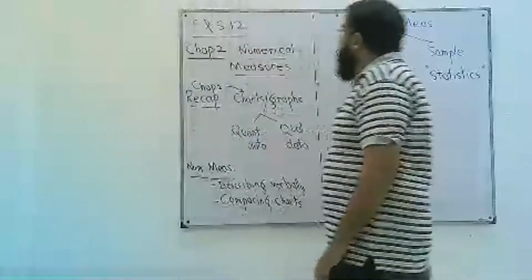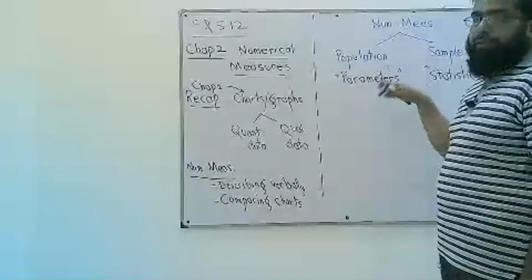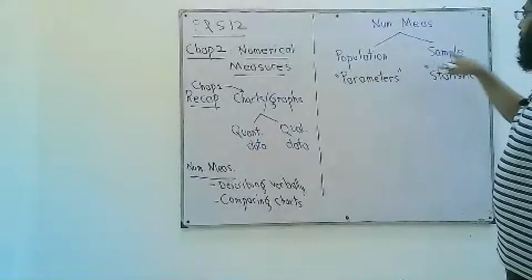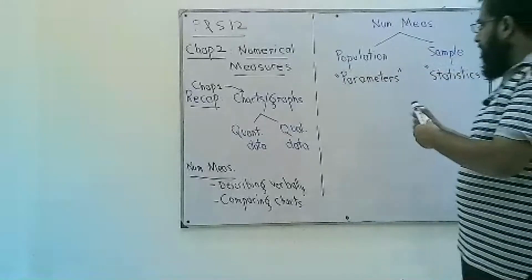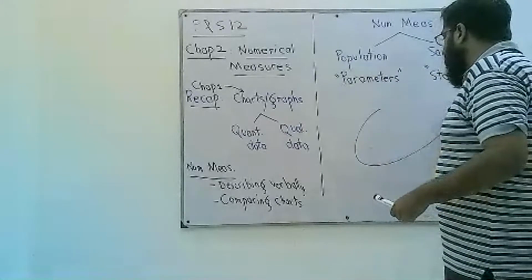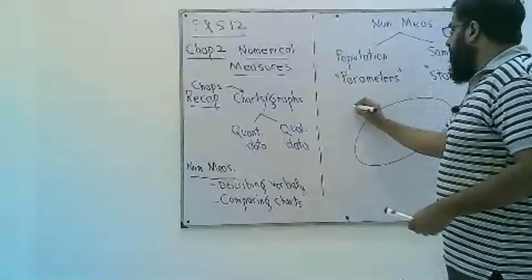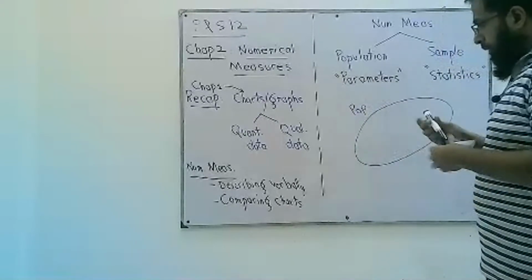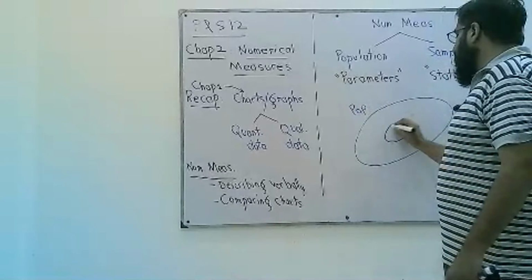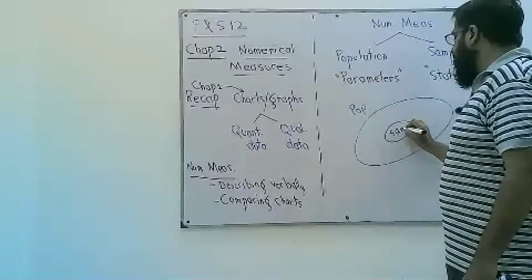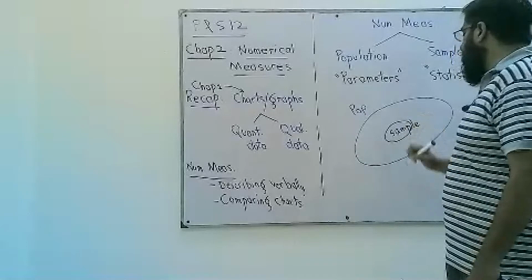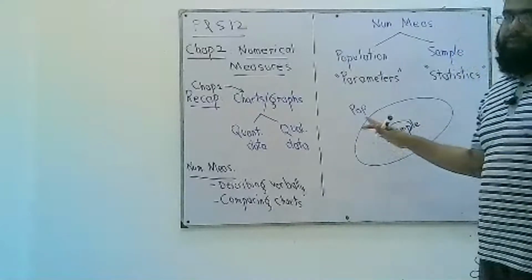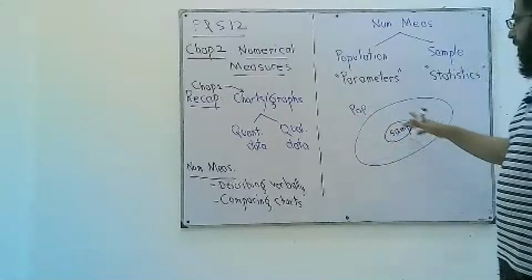Numerical measures can be divided into two parts. They are either for population or for sample. In one of our earlier lectures, we studied the population and the sample. Sample is a small subset of population which is usually measured or measurable.